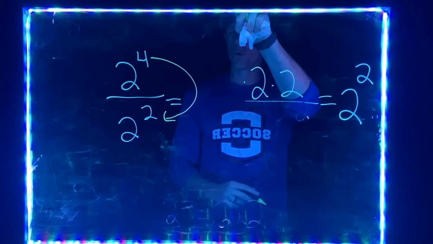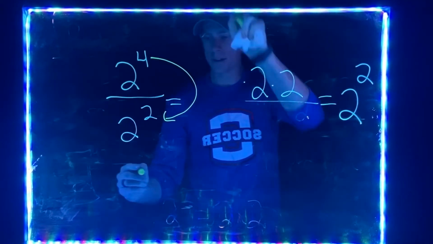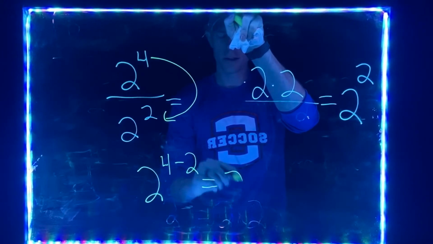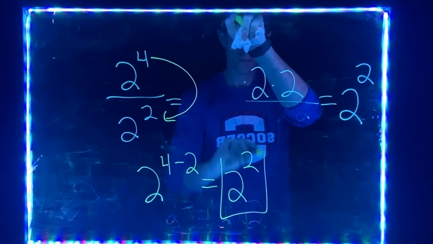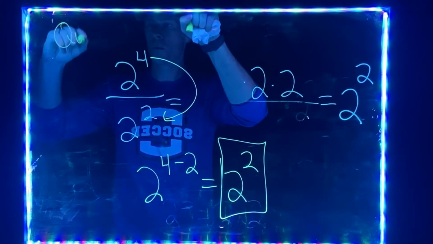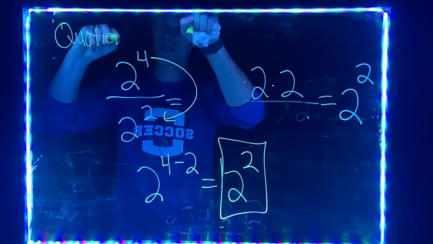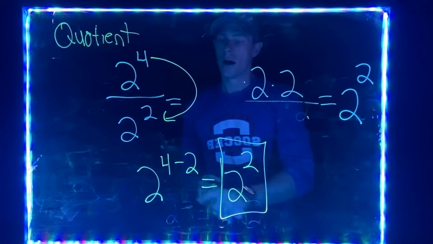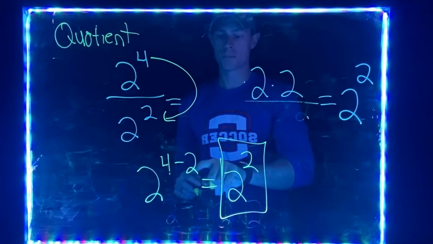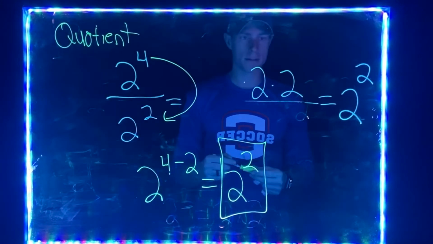I can take the 4 and the 2, and I could rewrite this as 2 to the 4th power minus 2 to the 2nd power equals 2 squared. When I'm doing the quotient rule, quotient means divide, I take the exponents, 4 and 2, I subtract them, and I keep the base.